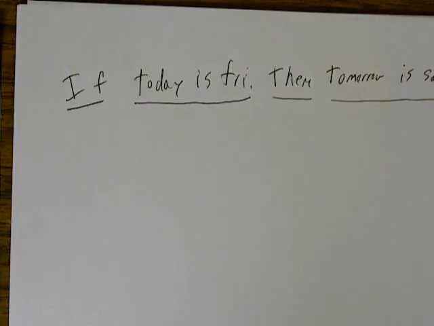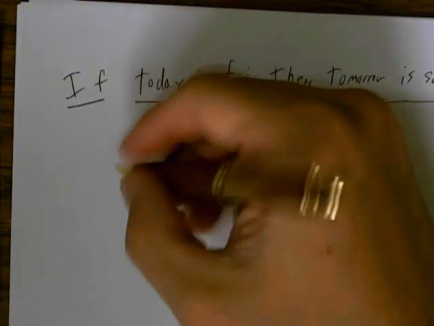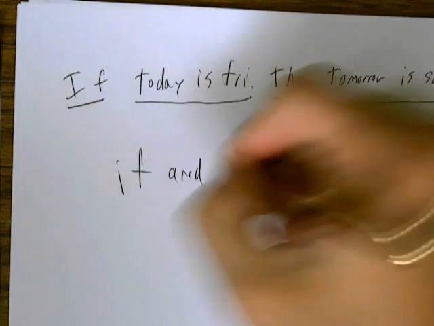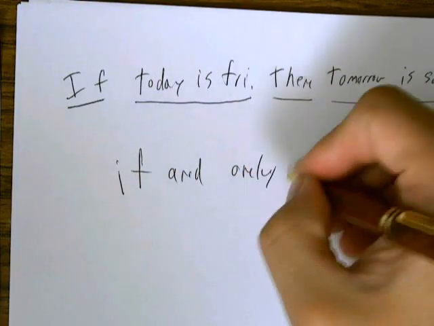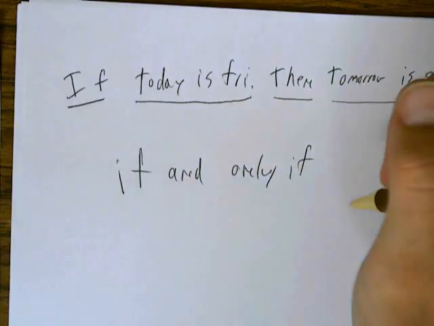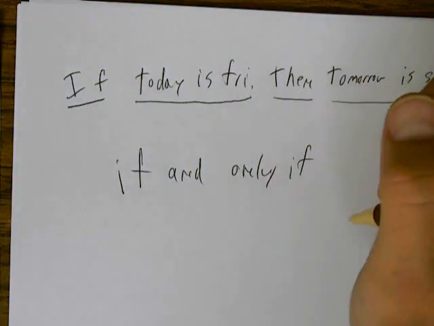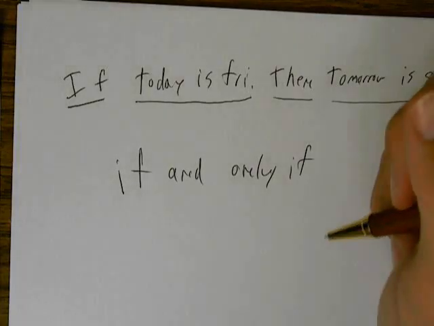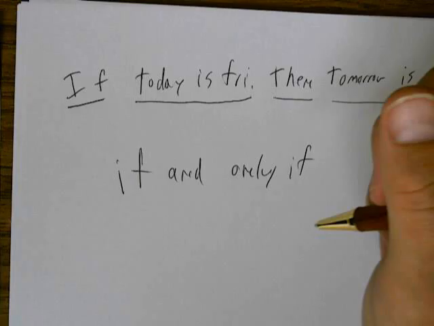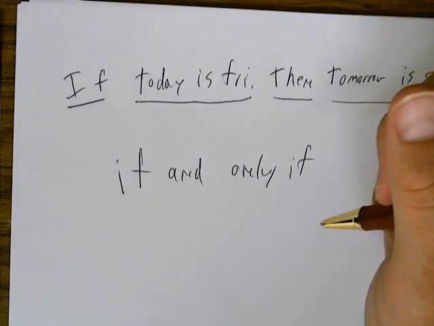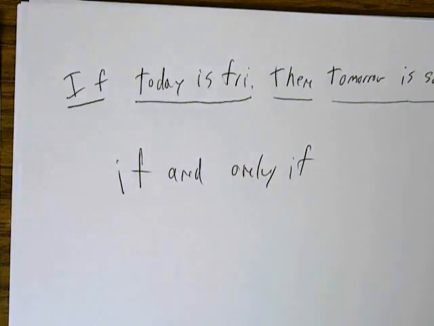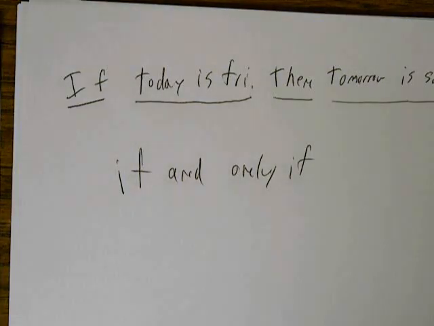Oh, one other thing about the if and only if. Mathematicians tend to turn things into shorthand, right? Use a symbol to shorten things up. I mean, even in our math, we use variables instead of writing out an unknown number, right?